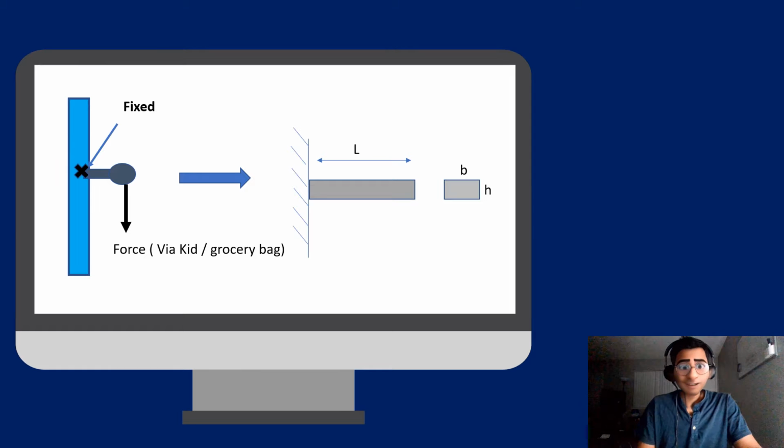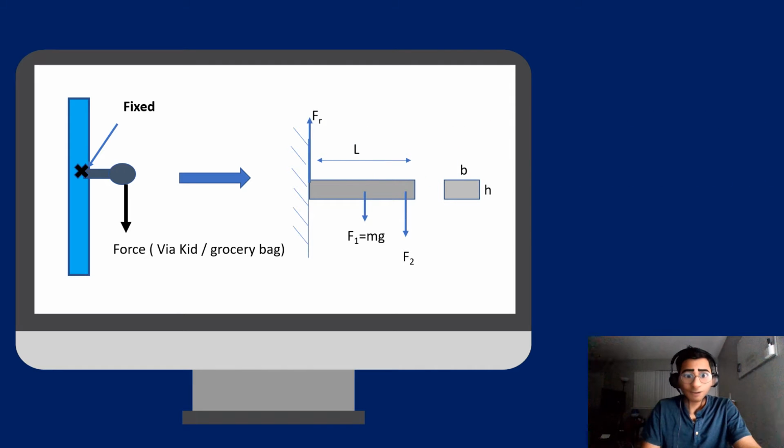Earlier we converted this whole scenario into a free body diagram, as can be seen. We replaced the grocery bag weight with force F2, the self weight of the doorknob with force F1, and the reaction force by force FR.